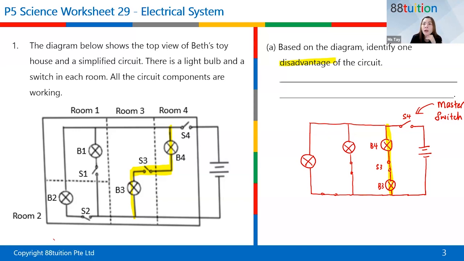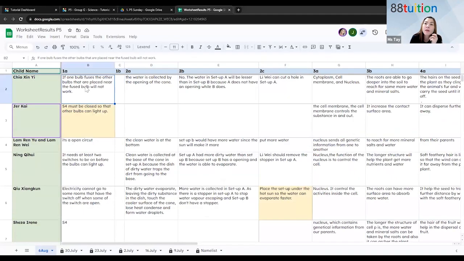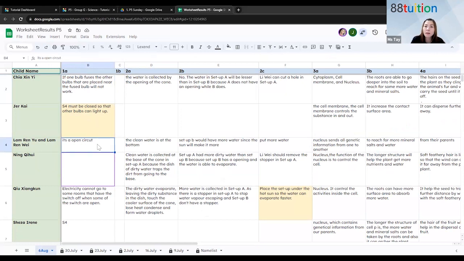So if you look at your answer, Xing Yi is not very sure about this one, right? No worries. If you can see what I have drawn and you can understand what I mean by a master switch, you will be able to answer in future. So these are your answers. Jerkai says S4 must be closed so that other bulbs can light up. Yep. And then Renyu and Renwei, you said that it's an open circuit.